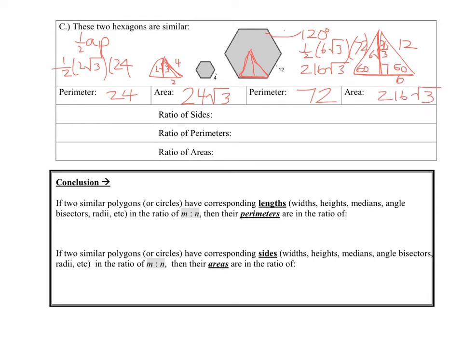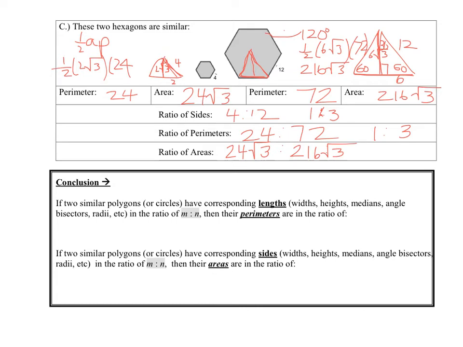Okay, ratio of sides. That was 4 to 12, which is 1 to 3. And the perimeters, we have 24 to 72, which is also 1 to 3. And then for our areas, we're doing 24 radical 3 compared to 216 radical 3.